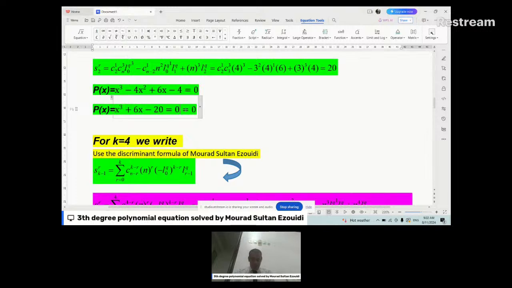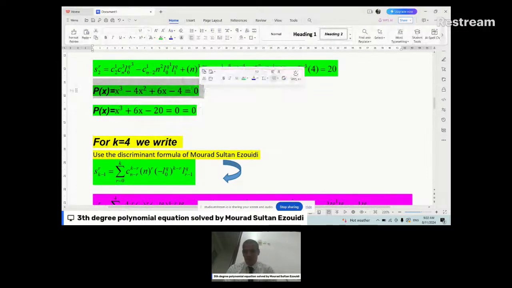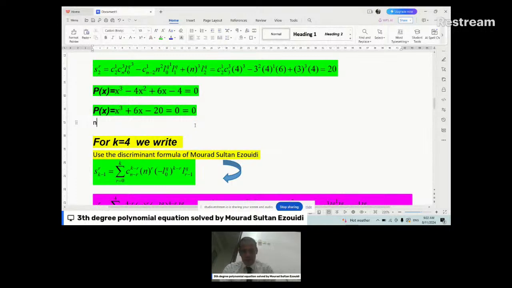Okay, so now if we are going to solve this equation, I'm going to give you a method. Try to expand this polynomial, our polynomial, this one. Now extend your third degree polynomial equation.